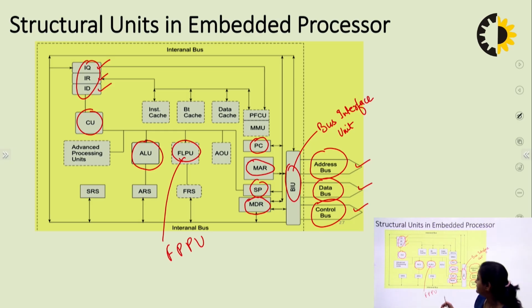See, understand what a basic processor needs: some units are the bare minimum requirement, कि ये तो होना ही होना चाहिए. So ALU must be there always in all processors. But there are some units which are present in advanced processors, so they may or may not be present in all the processors.